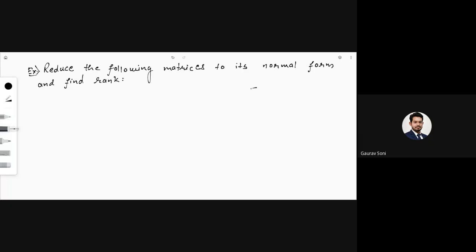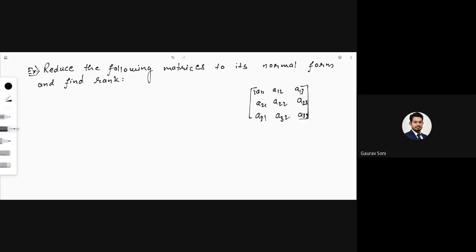I'll do it here so that it is better understood. A11, A12, A13, A21, A22, A23, A31, A32, A33. So what do we have to do?